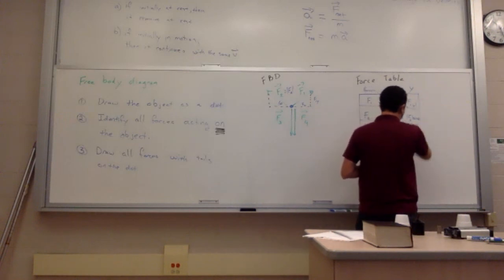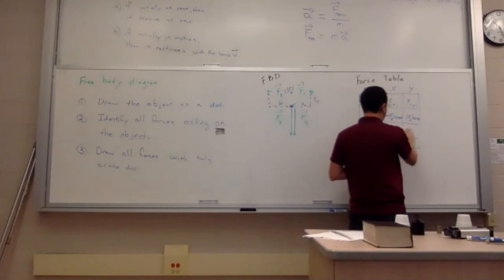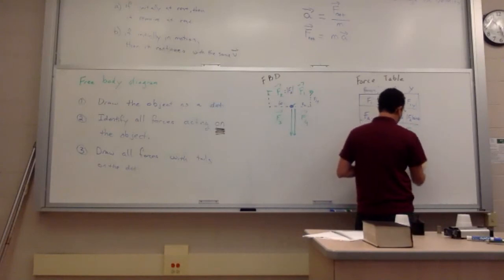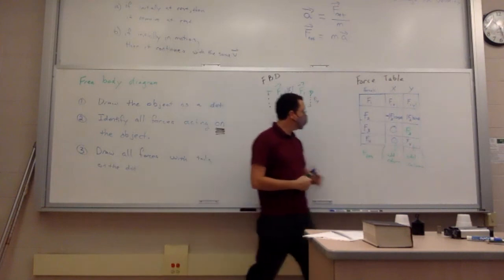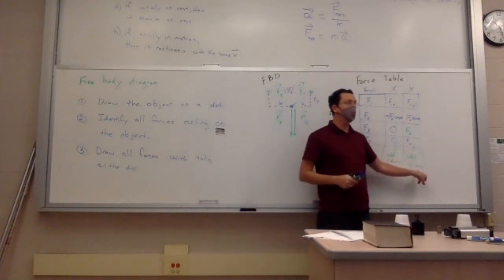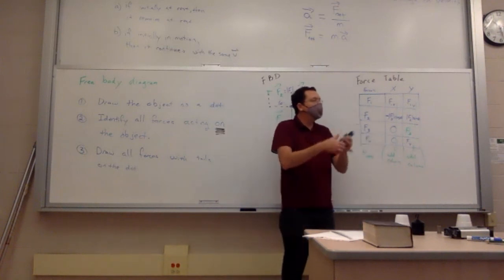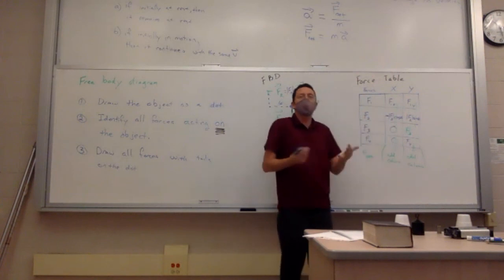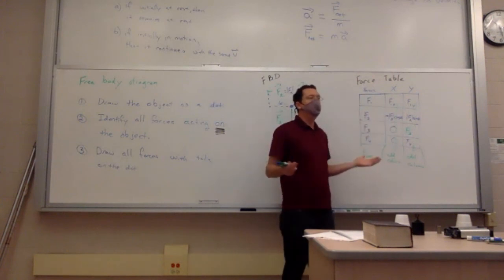You add them all up. Okay? And then this would become the x component of the net force, and this would become the y component of the net force. It's just doing what we were doing with vector addition, but putting it in a table so we don't forget anything or lose anything.